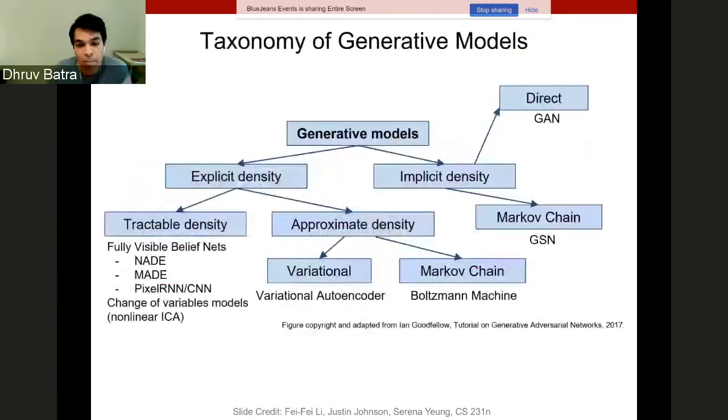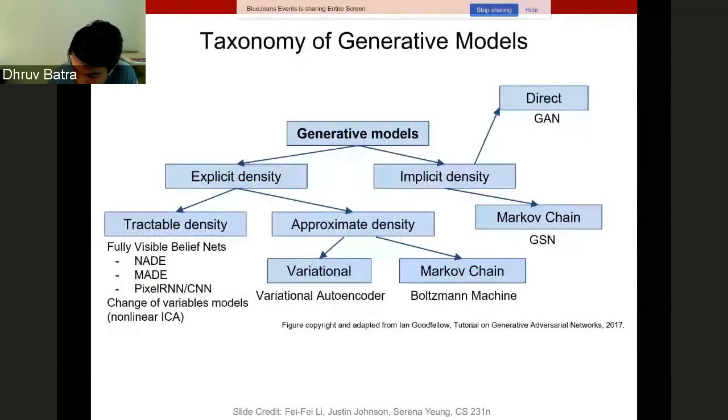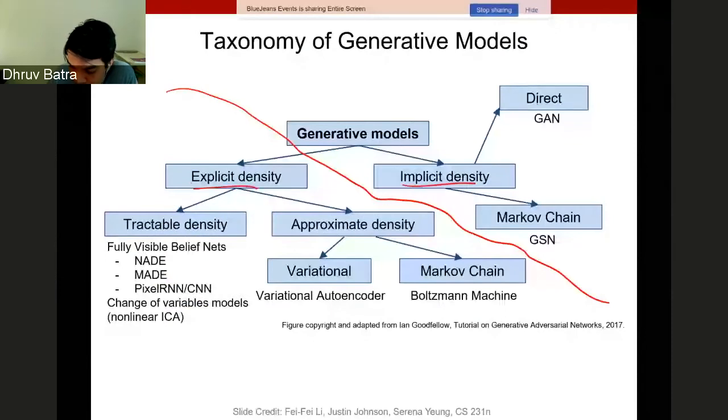Okay. There is a broad taxonomy of generative models. There is a key distinction between explicit and implicit density models. The main member of the implicit density family that you have probably already heard of is GANs, generative adversarial networks. GANs are implicit density models, meaning that they do not have an explicit P model.